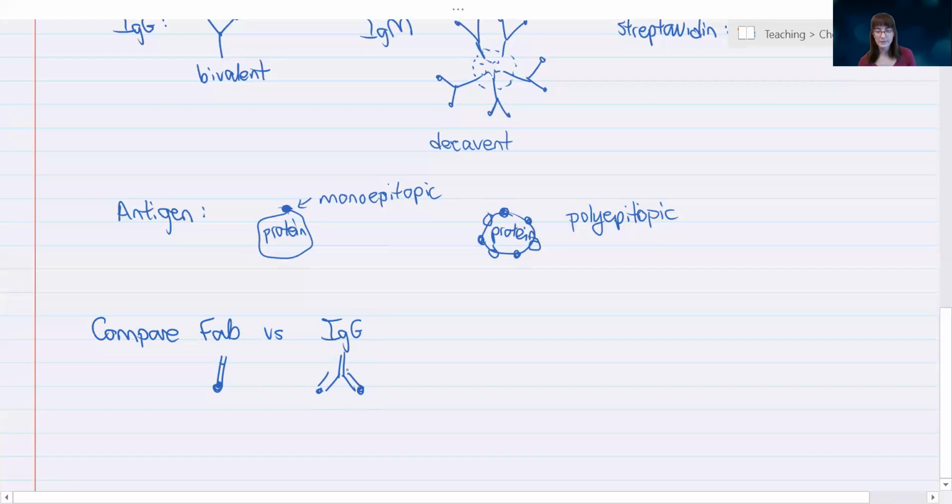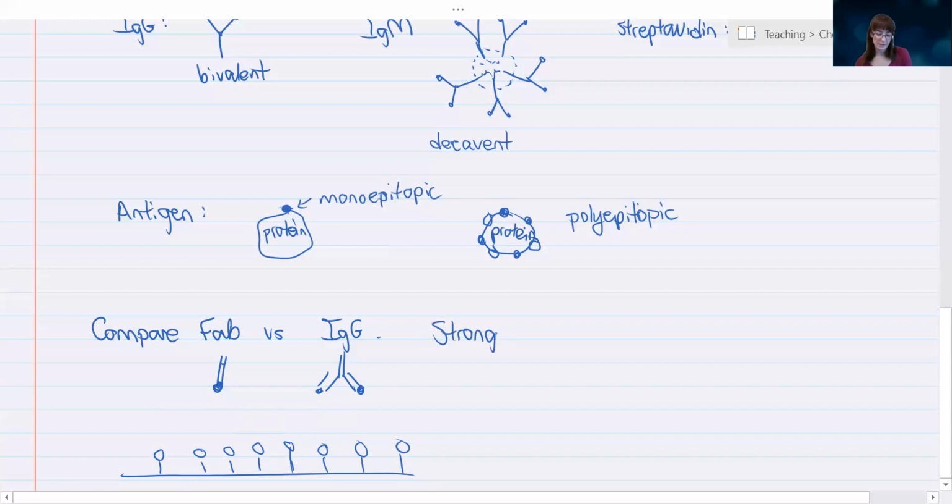And I'm drawing these little dots to represent the binding sites. All right, which one do you think would have higher overall strength of binding to, say, a surface that has many copies of the antigen? These are all supposed to be bound on the surface. Which of these species would have a stronger overall interaction with the surface?